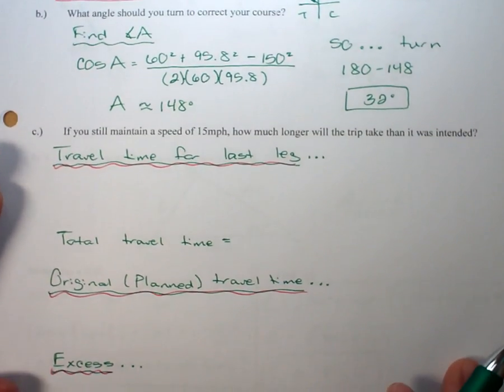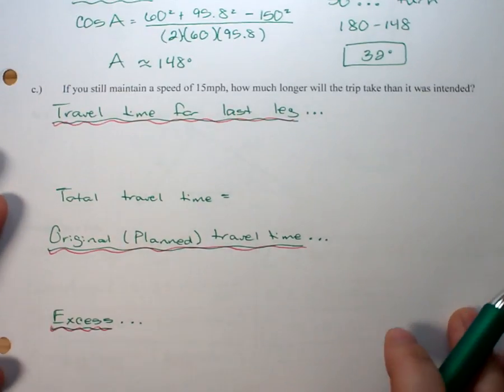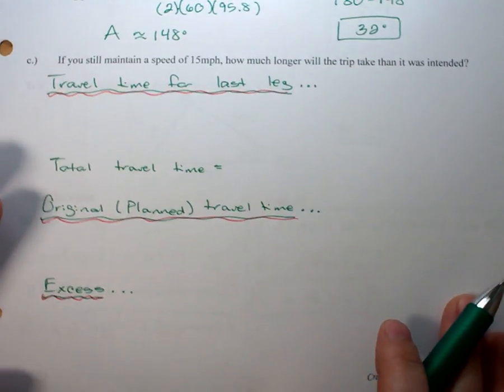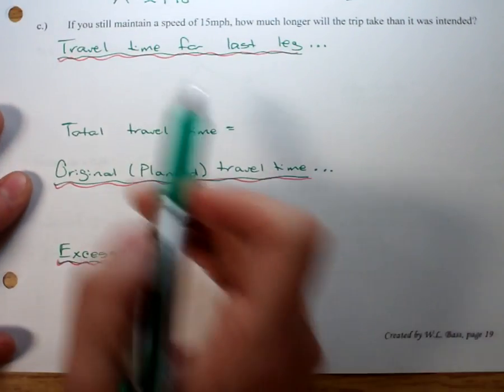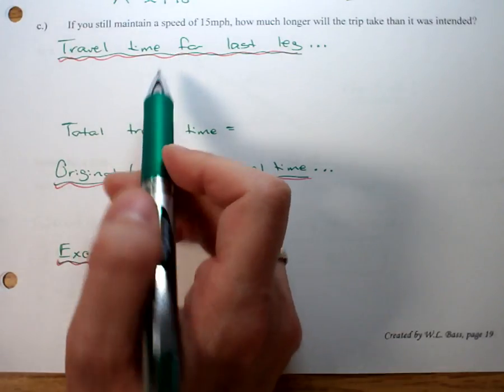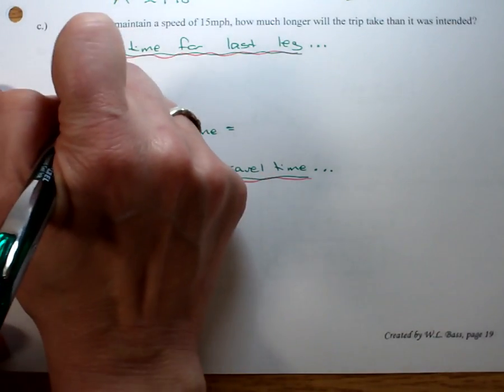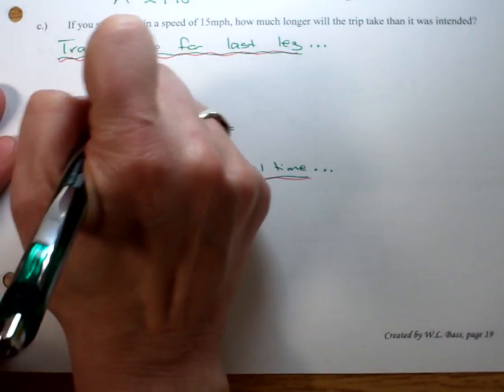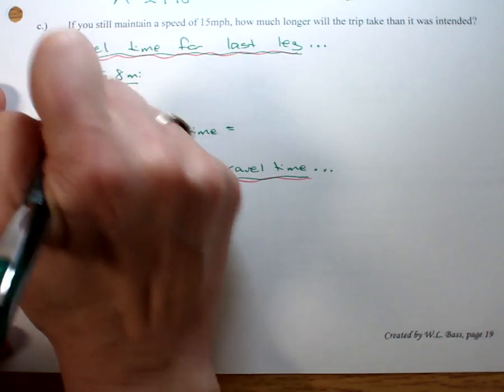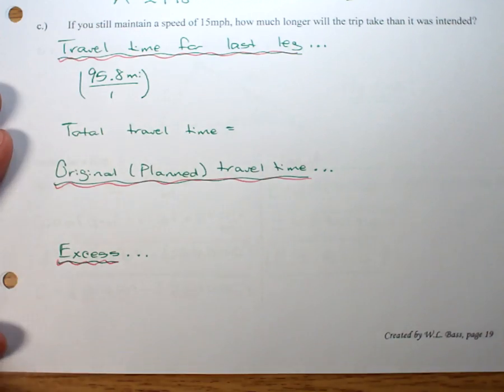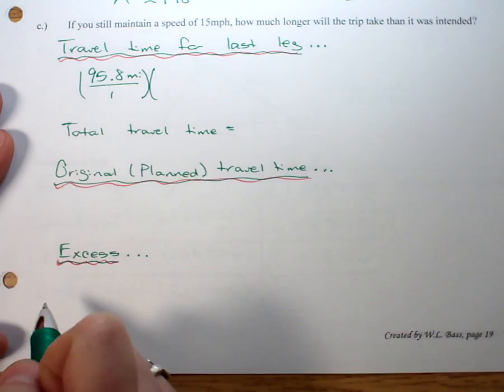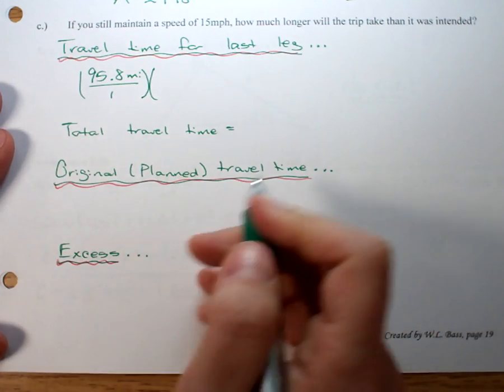Last little bit is some travel time. So we're just going to work with our units, and this part's going to go pretty quickly. So our travel time for the last leg. What we know is that we have 95.8 miles to go. Okay. From the original problem, it told us how fast we were traveling, and that was 15 miles per hour.